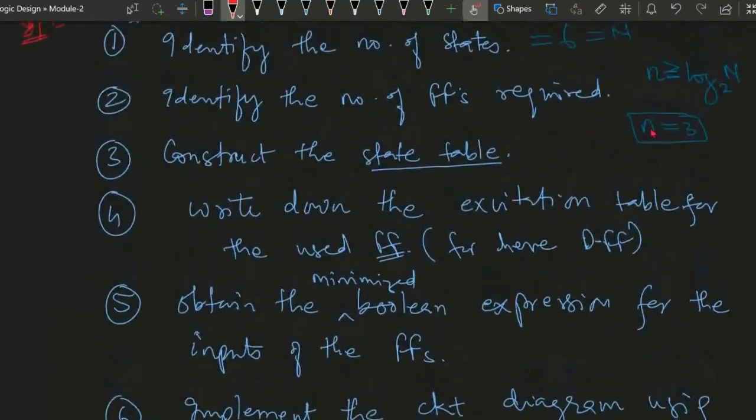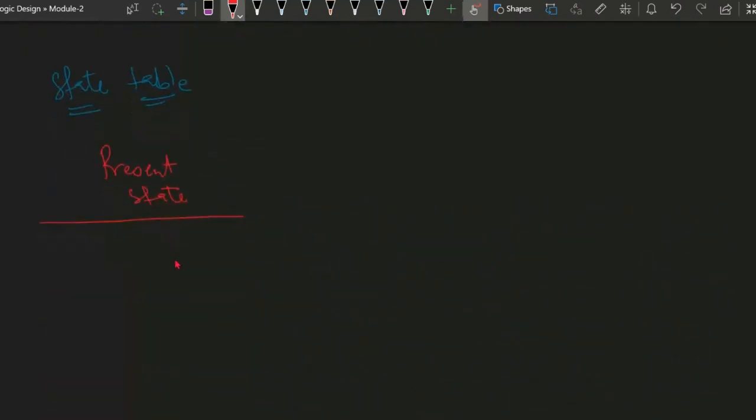Because 3 flip-flops are there, we can represent them as Q0, Q1, and Q2. So 3 flip-flops will be used, and this is the present state of the flip-flops. Then after the present state, we will have the next state.